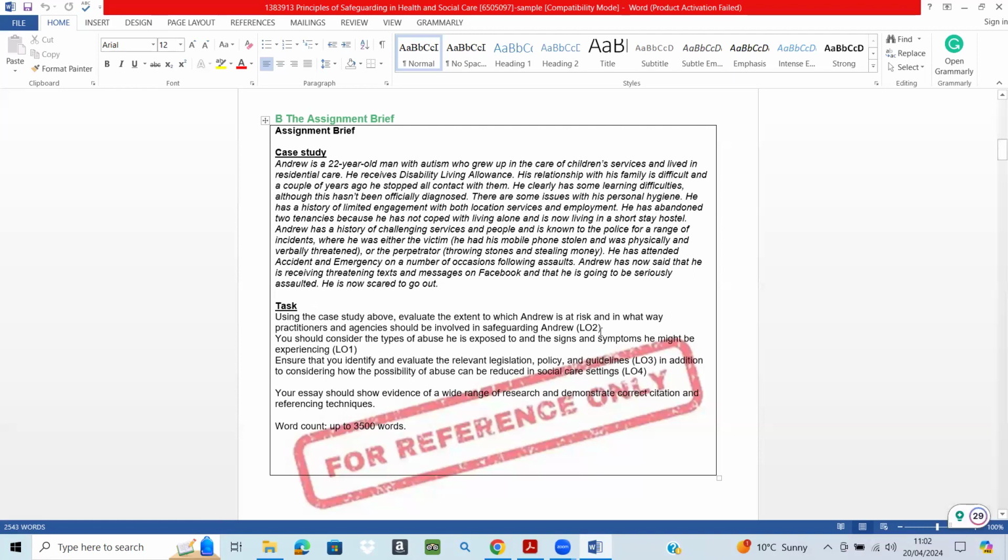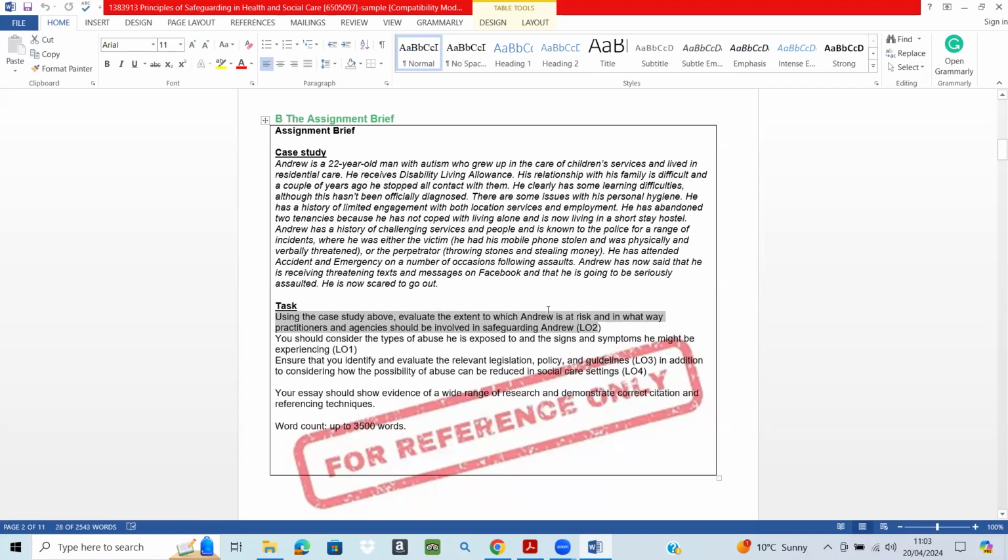For example, if we are discussing about this bit specifically, then what is the command verb here? Evaluate. Very good. Excellent. So we need to use the same command verb evaluate in the heading, and then we will evaluate it.